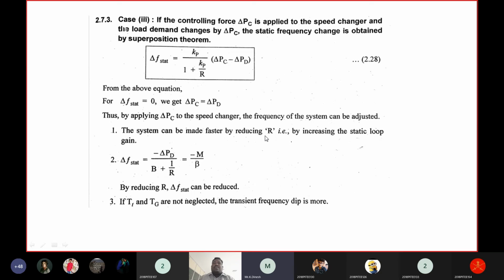By reducing R, del F stat is also reduced. And the third conclusion is that when TT and TG are neglected, the transient frequency dip is reduced. So these are all the conclusions we obtained for both the controlled case and the uncontrolled case.